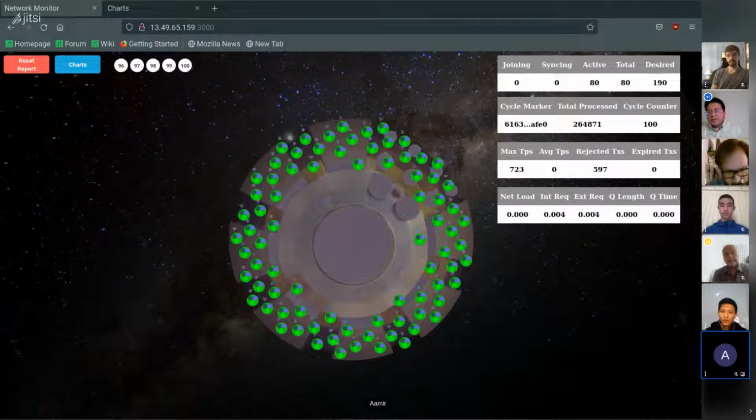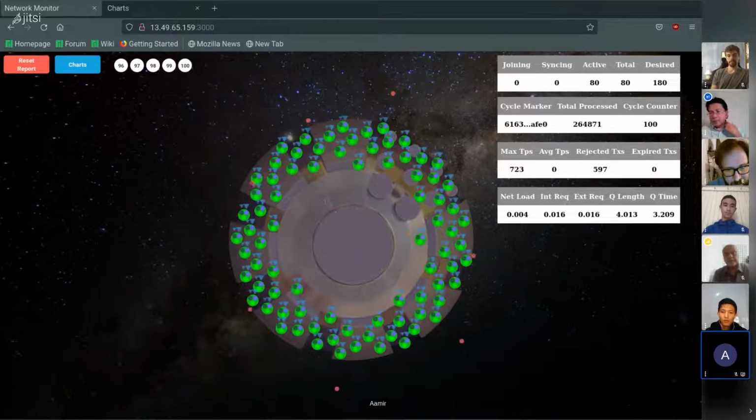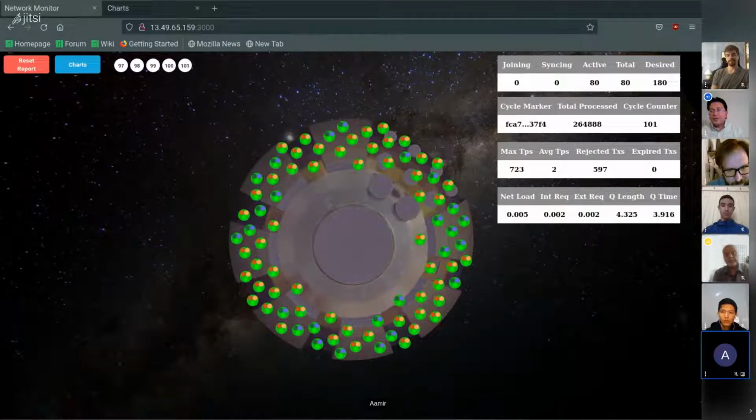And so maybe you might need to leave it turned off for a little bit so that it goes through a few cycles and then reduces the desired count. Otherwise, this demo might take longer if that desired count doesn't come down below 80. So yeah.